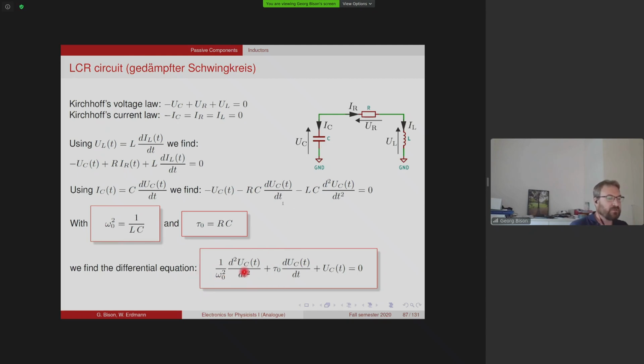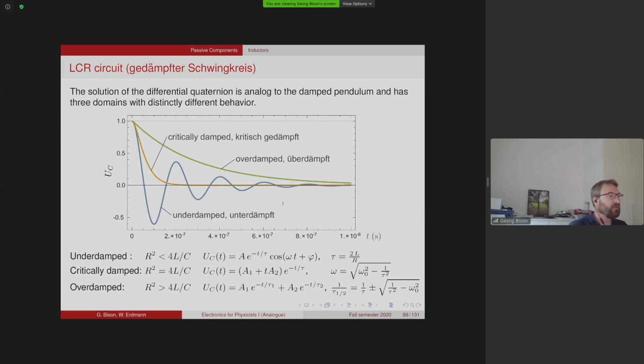And here you see that we have the part that we had before. Then we have this additional part, which now will drastically change the behavior. So the solution is, of course, equivalent to the damped pendulum, and we distinguish 3 domains.